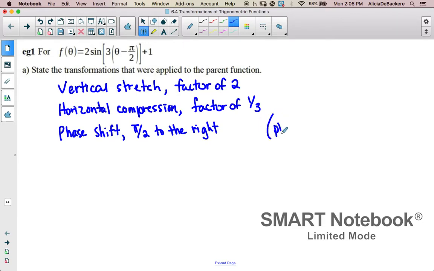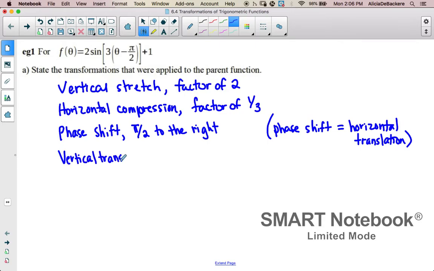So make yourself a little note here: phase shift is the same as horizontal translation. All right, the last thing, we've got that +1 outside of the sine function, so that's a vertical translation. And we're going 1 unit up.